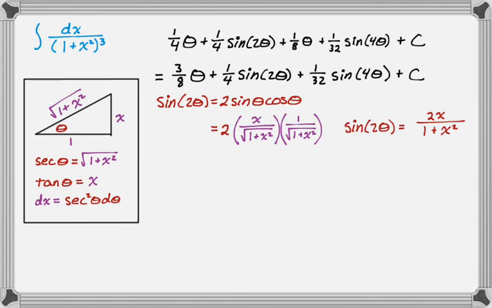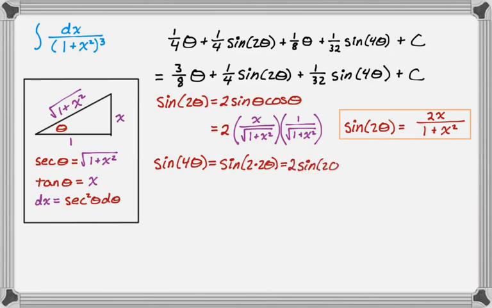Now I need to deal with sine of 4 theta. So sine of 4 theta is a little trickier, but not really. So sine of 4 theta is going to be the sine of 2 times 2 theta. So I've chosen to break it up this way. And that's going to be 2 times sine of 2 theta times cosine of 2 theta.